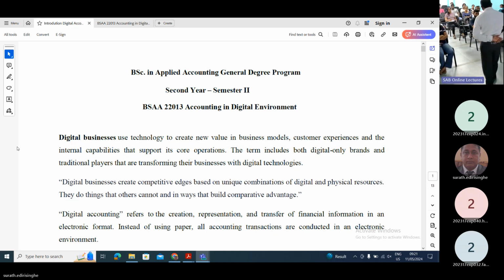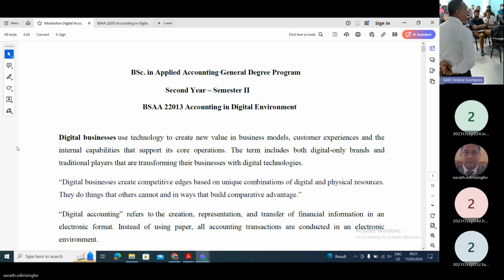So, it is better to get an understanding of how these digital business people and companies are operating their transactions and business in the modern way. This is the purpose of understanding the digital business. To read this paragraph, they use technology to create new values in the business model.